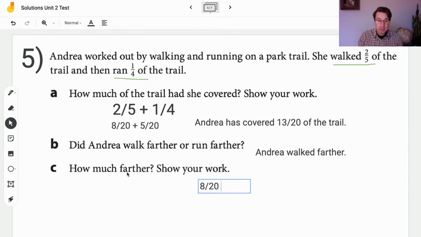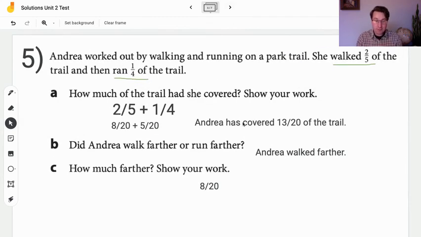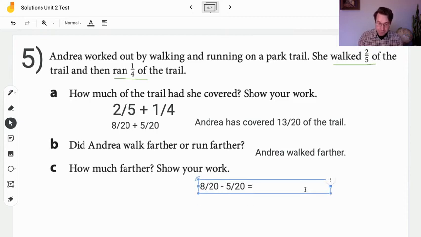Now on this one, how much farther, just like how much taller, right? This is subtraction. It's looking for the difference between the two numbers. So 8 20ths minus 5 20ths equals 8 minus 5 is 3, 3 20ths. Is that right? Yep. 3 20ths. And then she says, give you a full sentence here.